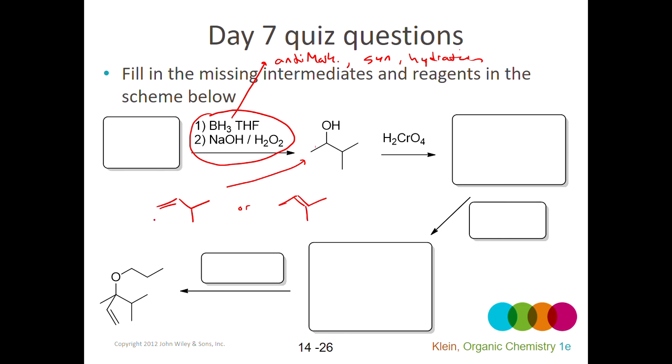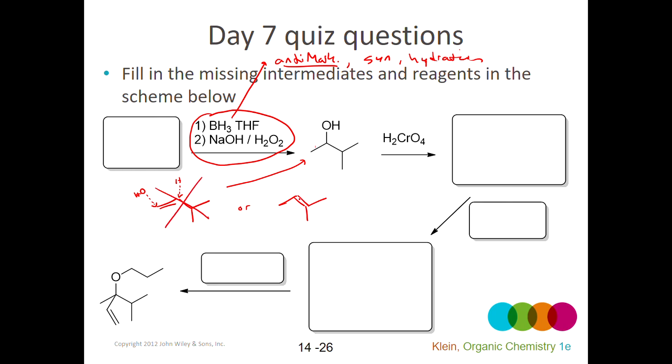Well, if I start with this alkene, and I do an anti-Markovnikov hydration, that would mean the hydrogen would add here, and the OH would add here. That would give me a different product. So that must not be the correct alkene.